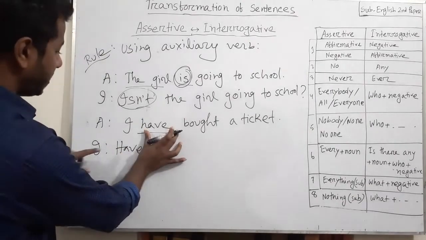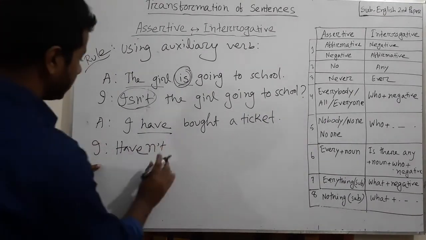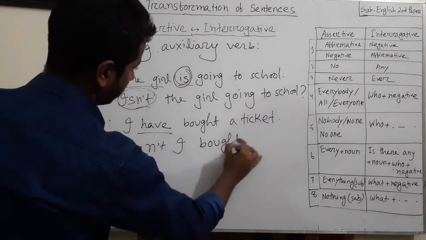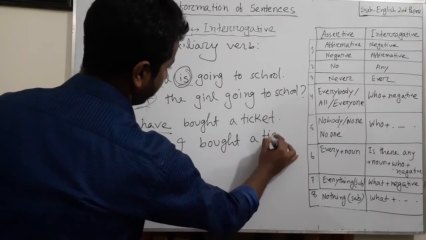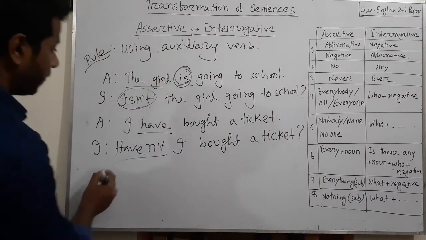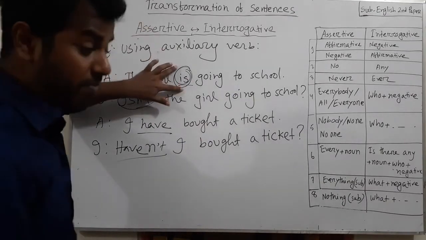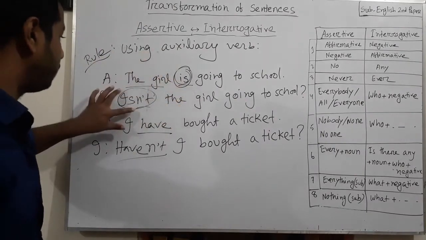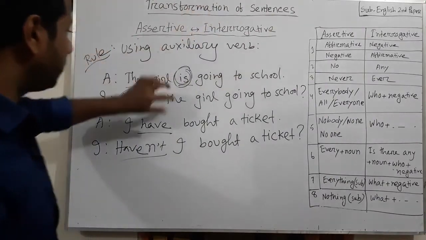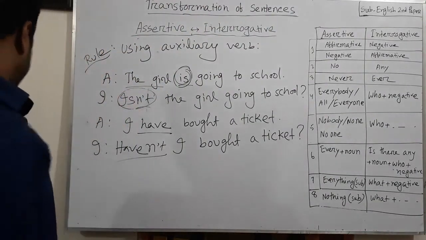As it is affirmative sentence, in interrogative sentence it will be negative, so negative notion, haven't, then subject, verb, then extension or object, question mark. So if in affirmative sentence there is auxiliary verb, then this auxiliary verb will be written before the subject, and if the sentence is affirmative form, in interrogative sentence this sentence will be in negative form.